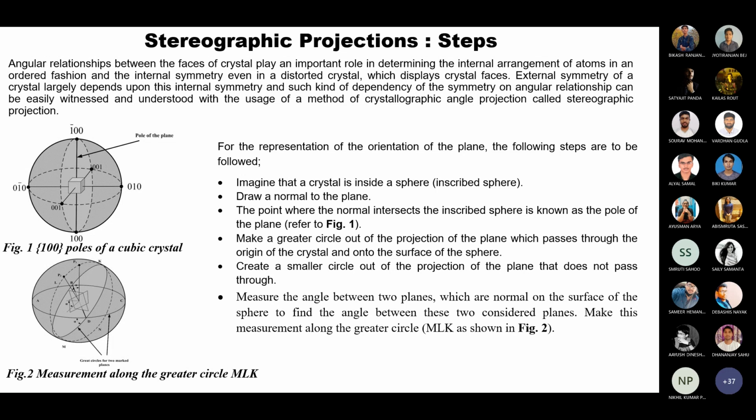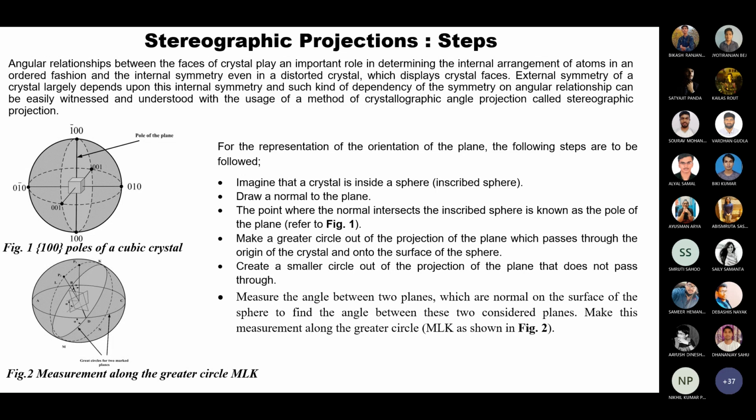The external symmetry of a crystal largely depends upon its internal symmetry, and such a dependency of the symmetry or angular relationship can be easily witnessed and understood with the usage of the crystallographic angle projection method called stereographic projection. That is the essence of stereographic projection.